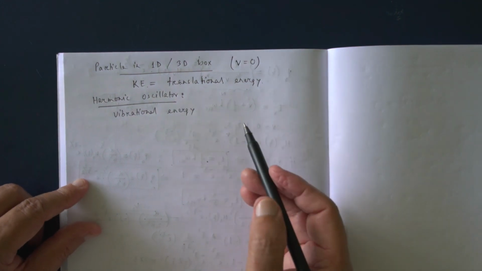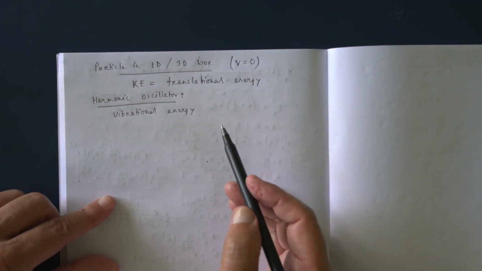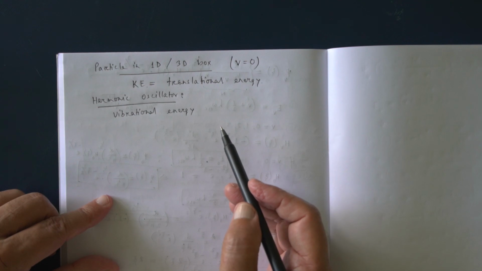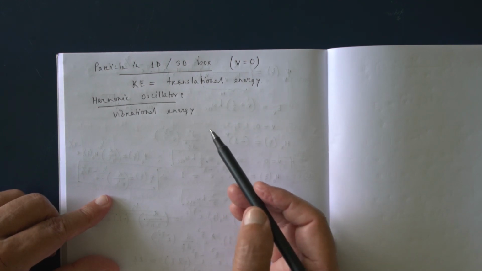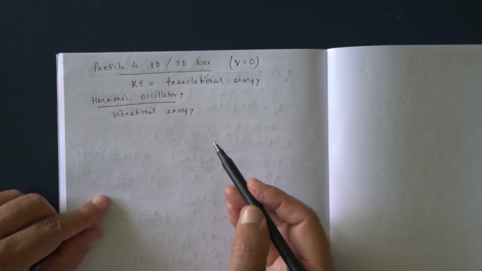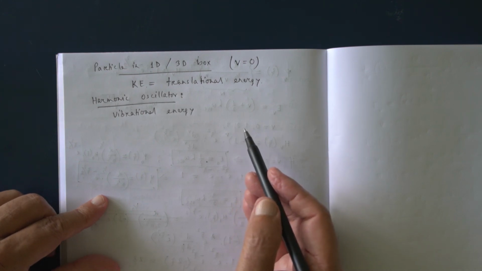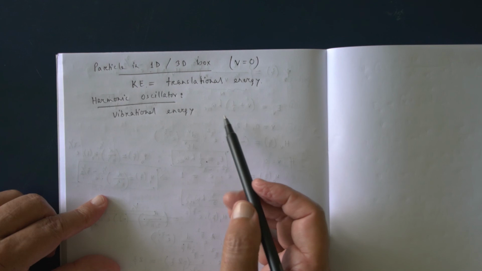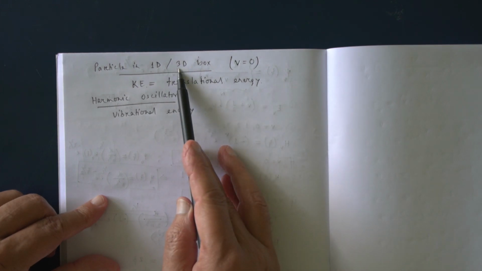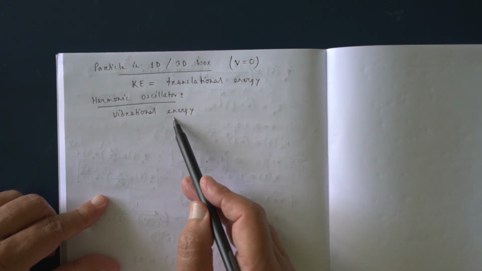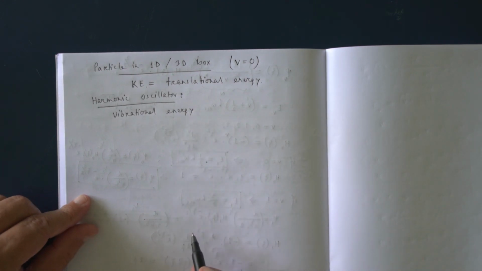You know, the energy of a molecule is the sum of translational energy, rotational energy, vibrational energy, and electronic energy. We know this. So we are getting translational energy, and now we are getting vibrational energy here.